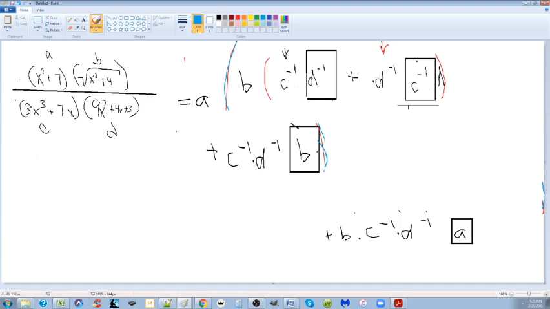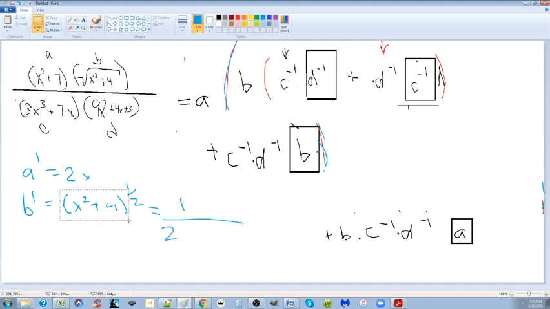But if you go over here and you now figure out your A prime is 2x, your B prime, which is probably the tough one, is the same as x plus x to the 2 plus 4 to the half, which is the same as a half, 1 over 2, this down here, square rooted.